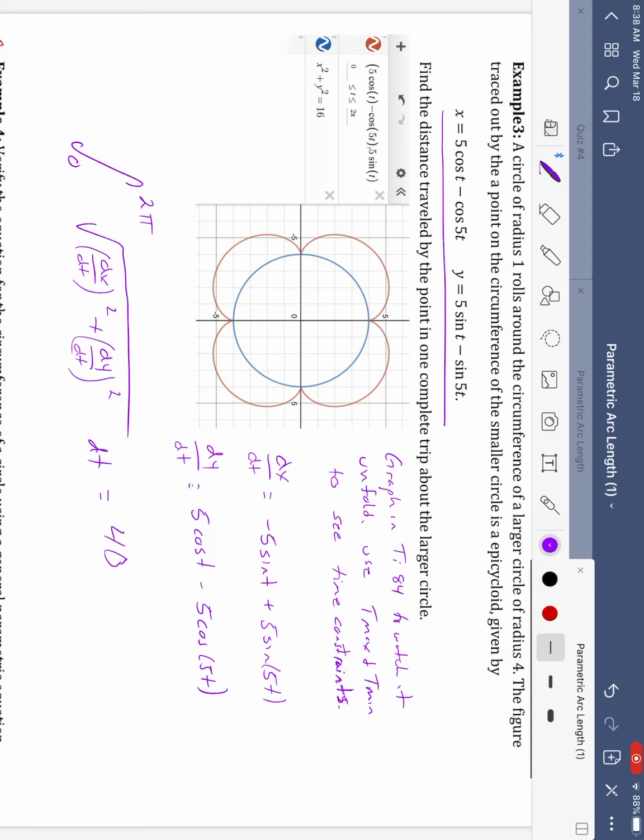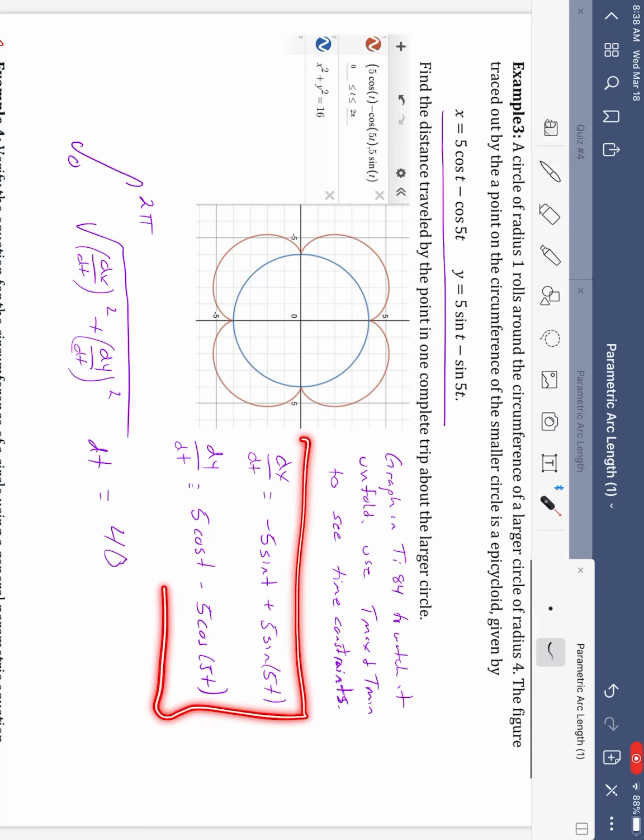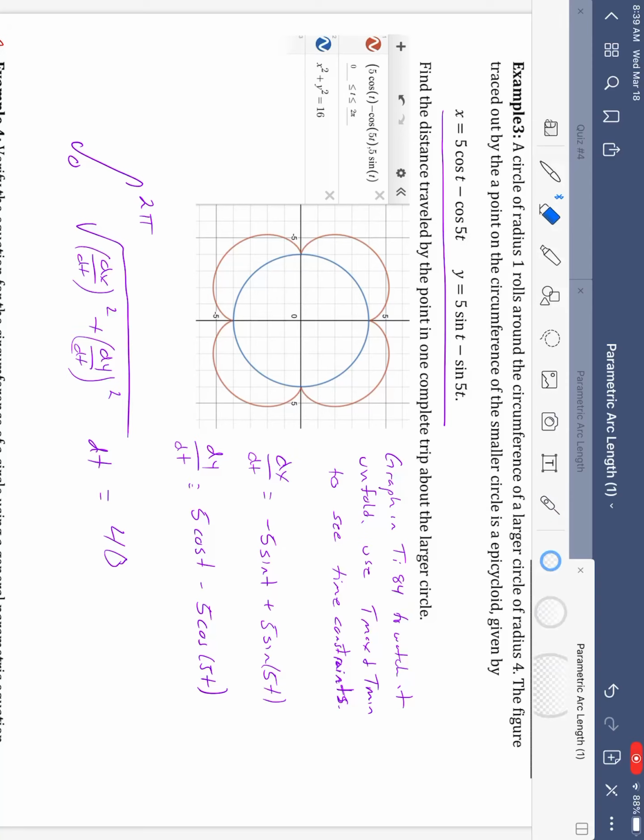So to find the arc length of the red curve, we take the derivative of x and the derivative of y. Sometimes I like to do that out to the side, not in the middle of my integral. Be very careful. Number one mistake on this problem is right there, not chain ruling.